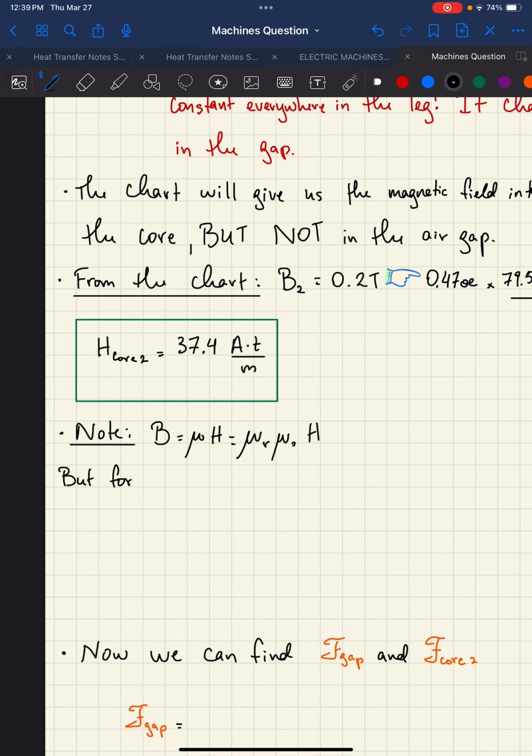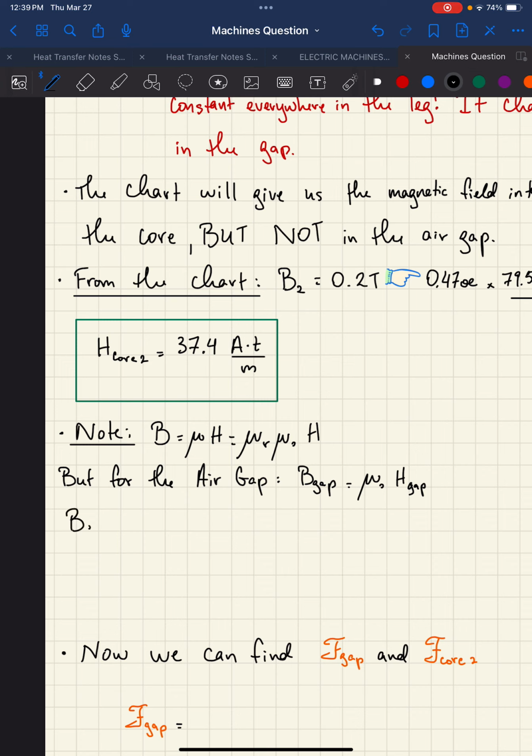But for the air gap, B gap is actually easier because it's just going to be mu of air times H gap. So mu of air is a well-known number. It's 4 pi times 10 to the minus 7. B gap, they gave it to us as 0.2 Tesla, so we basically got it.